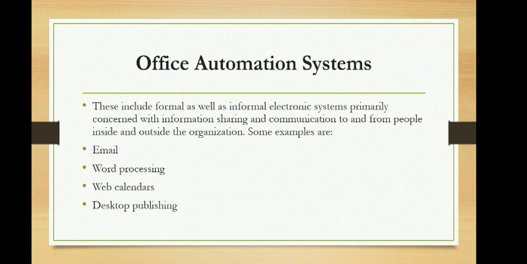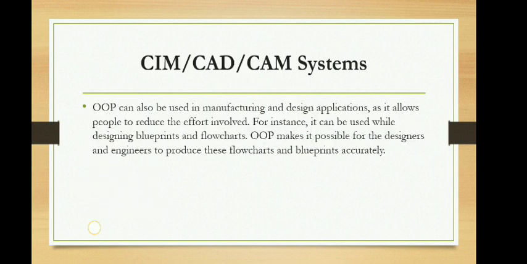Next is office automation system. This includes formal as well as informal electronic systems primarily concerned with information sharing and communication to inform people inside and outside the organization. Some examples are email, word processing, web calendars, and desktop publishing.